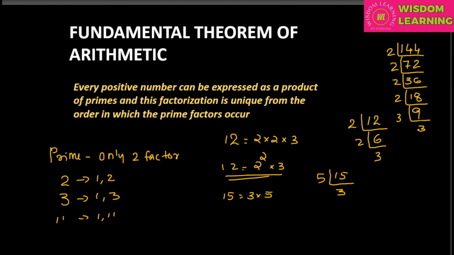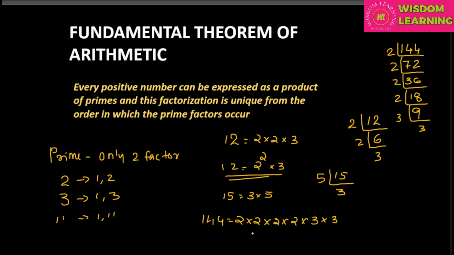3 and 3. So we can write 144 is equal to 2 into 2 into 2 into 2 into 3 into 3.